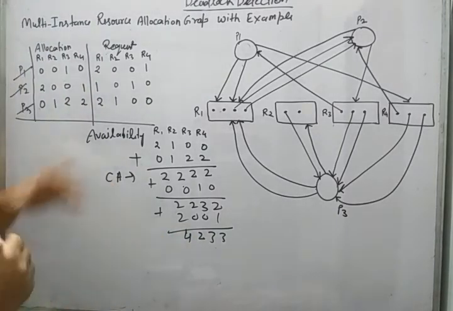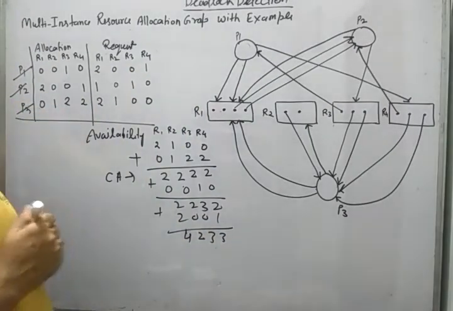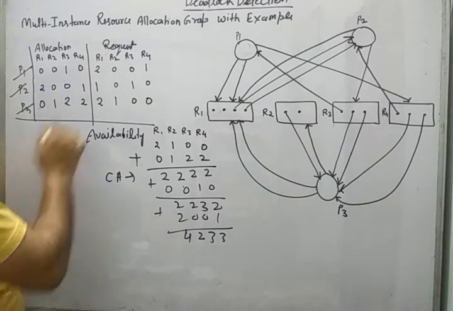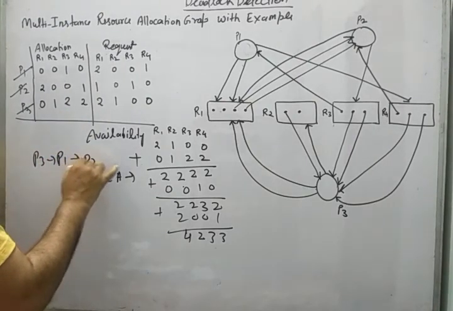Here it means that, first of all, the system is not in a deadlocked state. All the processes will be executed properly, and the order of execution is P3, P1 and P2.